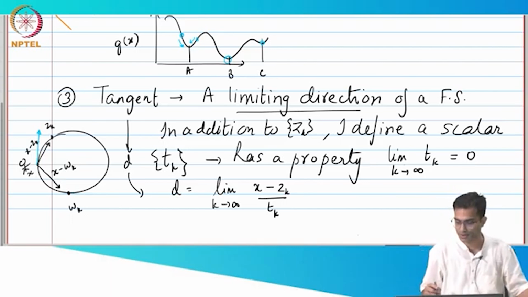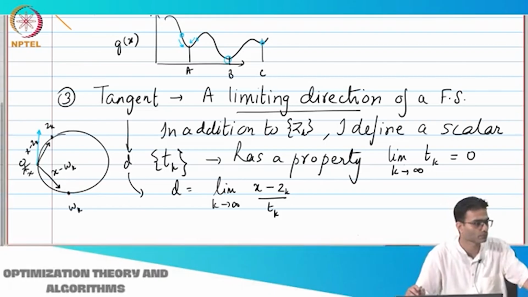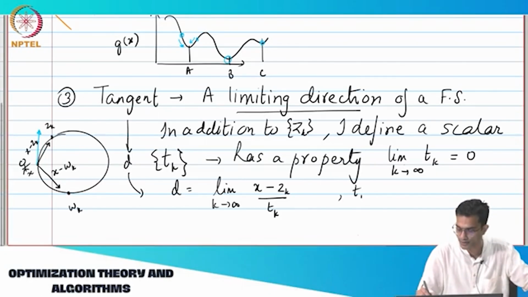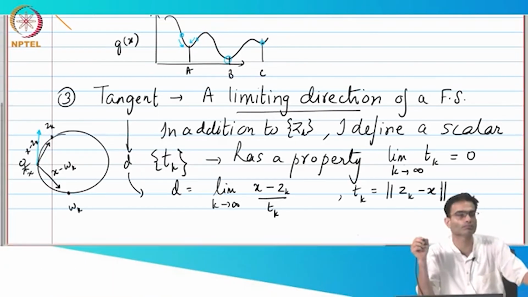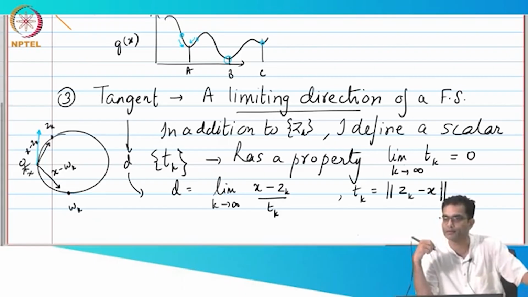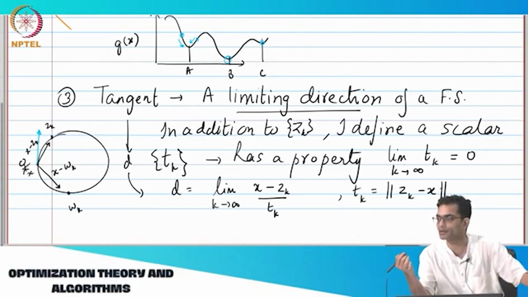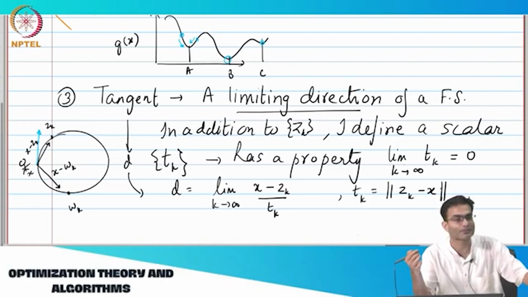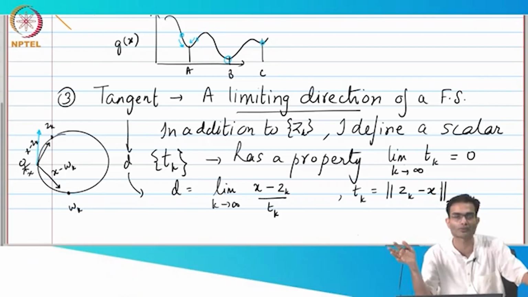Now the question is, what is a good candidate for tk? The first idea that comes to our mind is the 2 norm of x minus zk. This is good enough for our purposes, but as it turns out in the literature, it's not necessary. Supposing I had defined this as the 1 norm or some other p norm of it, it would still work.